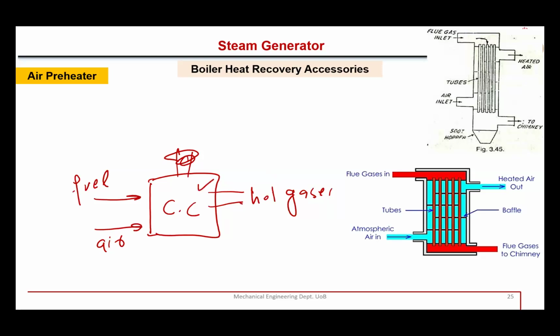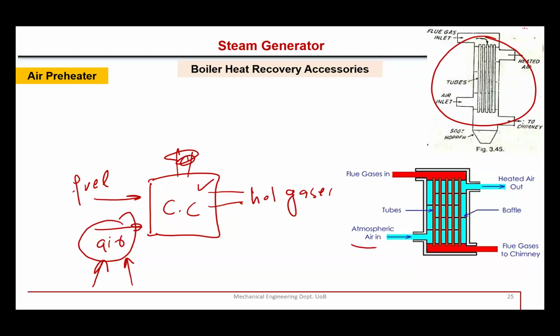In that combustion chamber, we may preheat the air, because this air is coming from the ambient. So the hot gases of the boiler, after the economizer, if their temperature is still high enough, can be used to heat the air which is going into the combustion chamber. So this is a heat exchanger with hot gases on one side and air on the other side. Here we can use a plate type or a bundle of tubes.